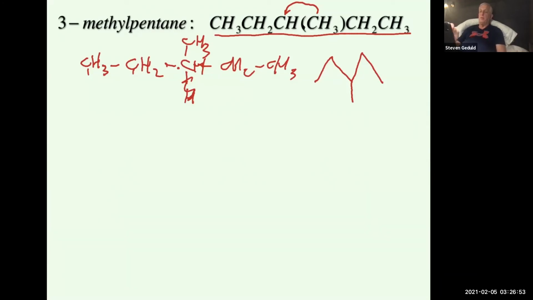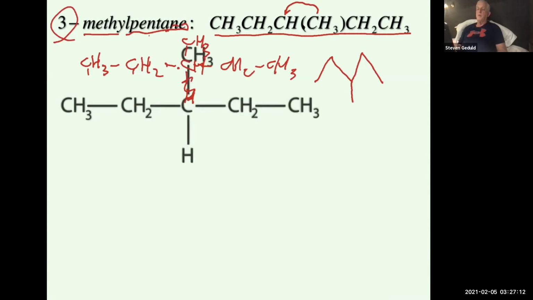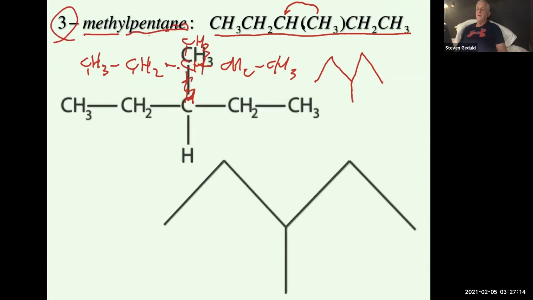We'll be able to do that from the name. Look at the name. Pentane, all single bonds, 5 carbons. At the third one, there's a methyl group. Methyl is 1 carbon. So that's how we're naming these. There's the structural formula broken out, and there is the line formula.